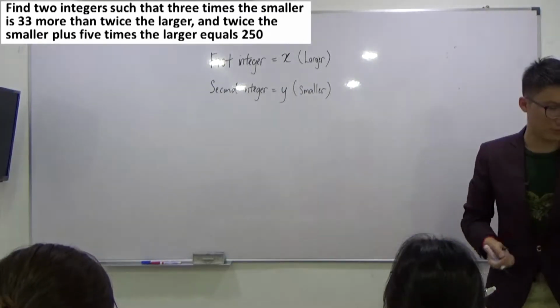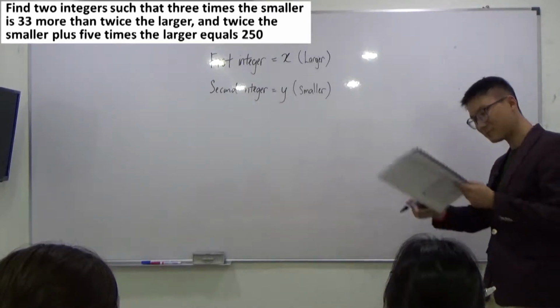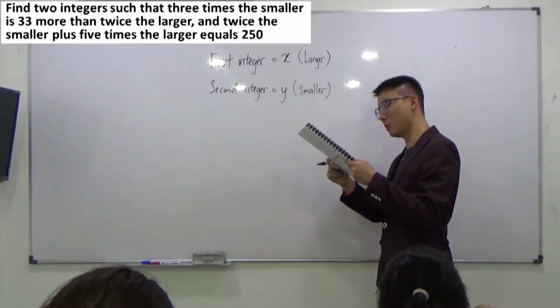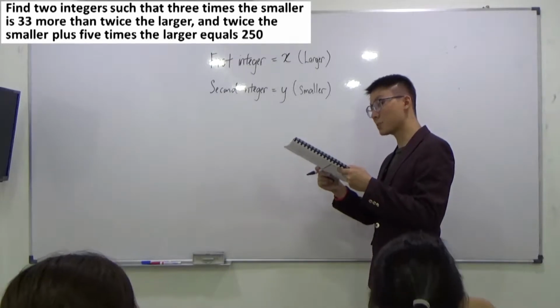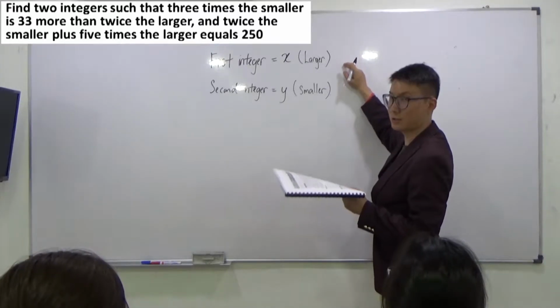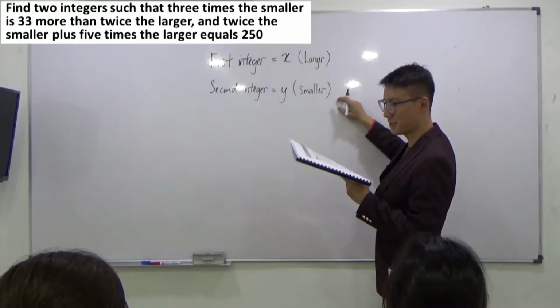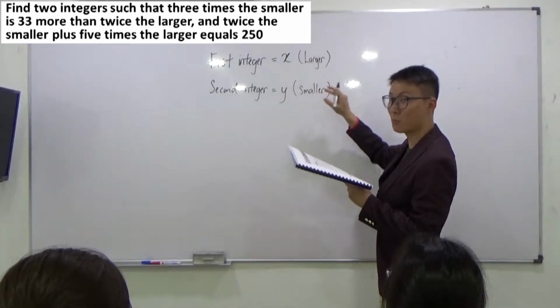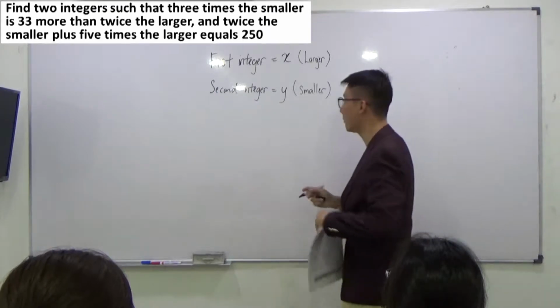So now we look back to the question. It tells you 3 times the smaller. 3 times the smaller means 3 times y.